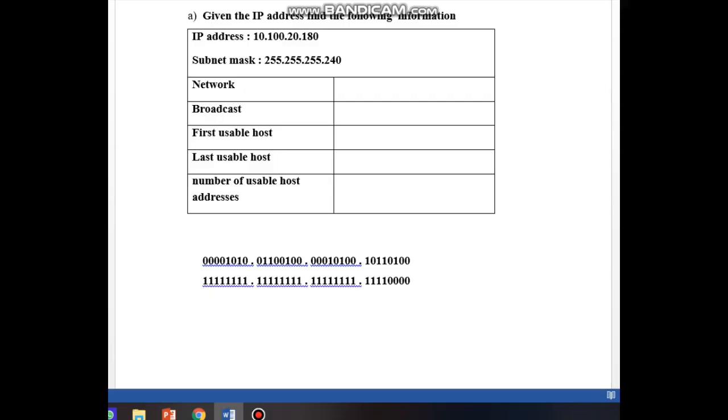Now what we have to do is carry out bitwise ANDing of these binary bits one by one.